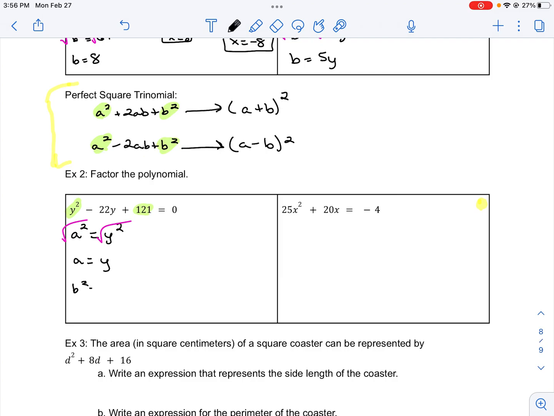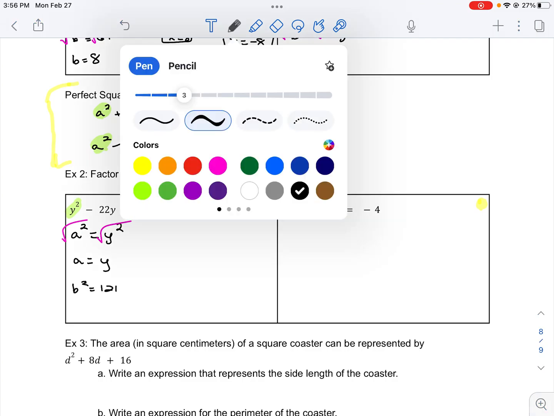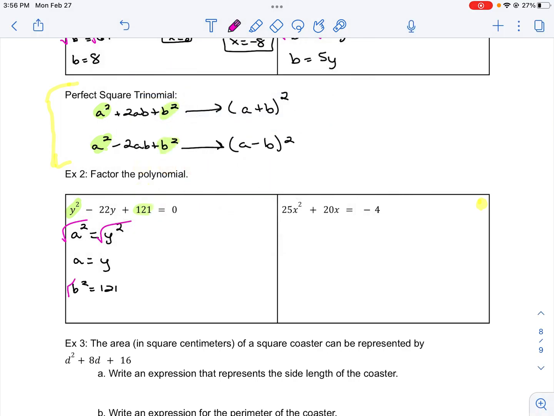And we'll do the same thing with the 121. When I square root both sides, b is 11. So because I have a minus sign here, I know it's the third one. So we have (y minus 11) squared equals 0.